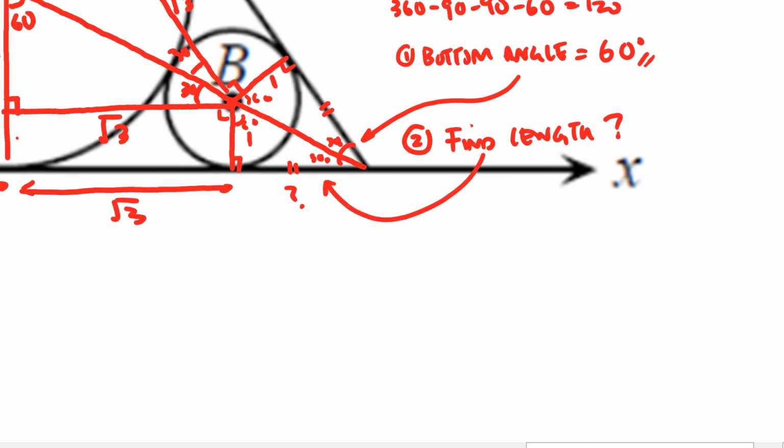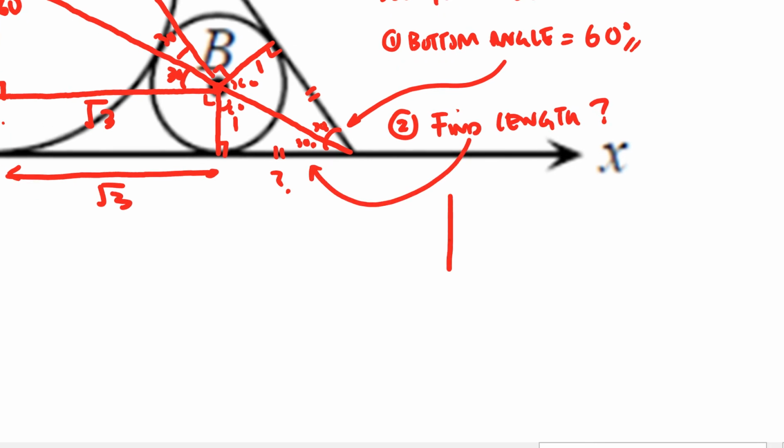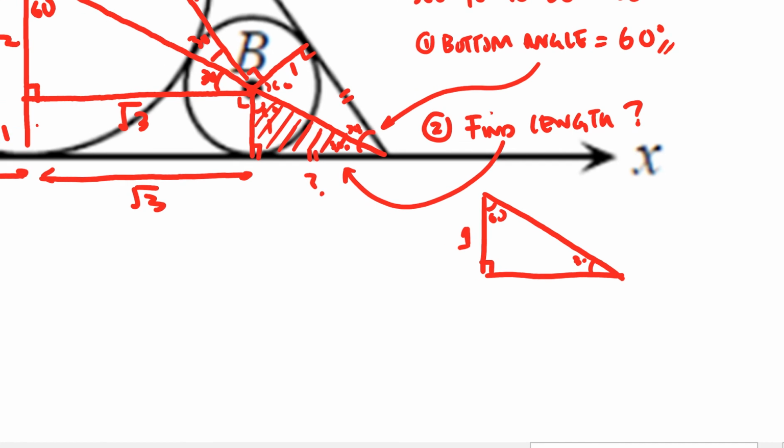Okay? So in that triangle, it looks like this. Here is 30, here is 60. There's 90. That's this little triangle here. Okay, this is 1. Everything's all right. That's 1. So if you want to find out what this length here is, this will be root 3.